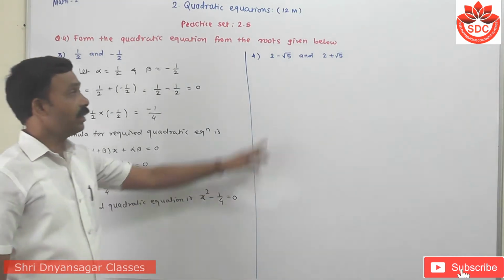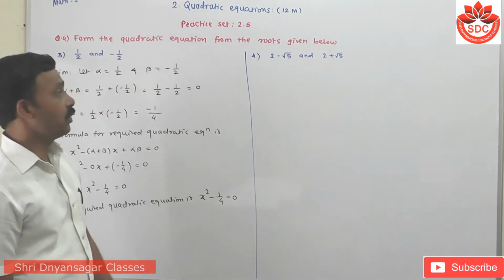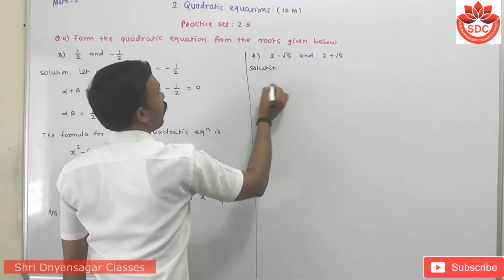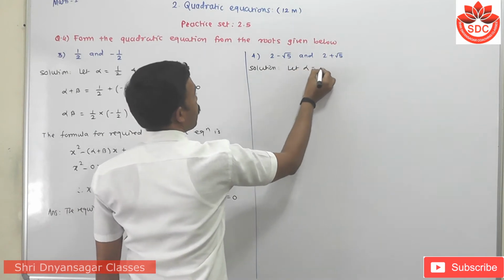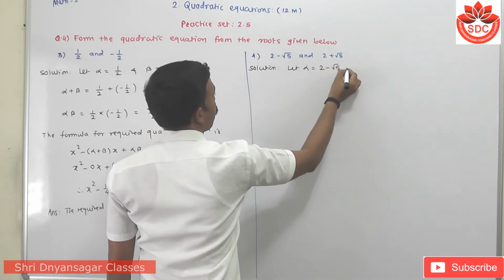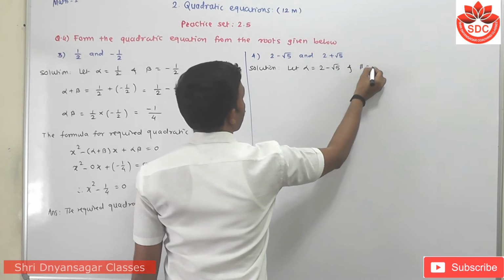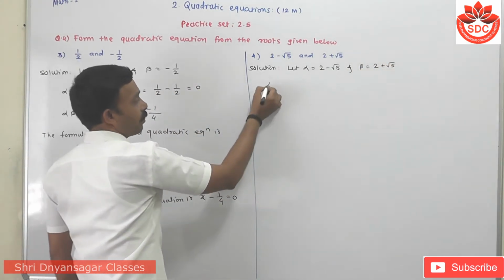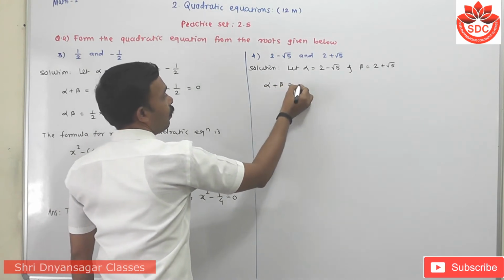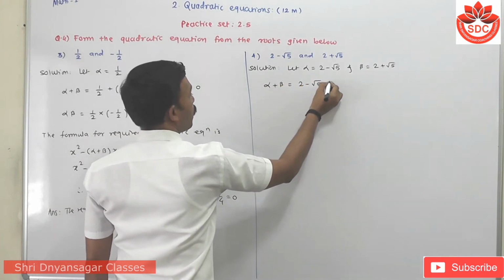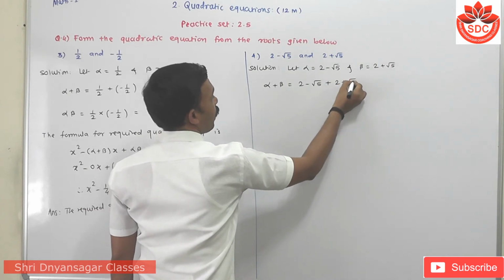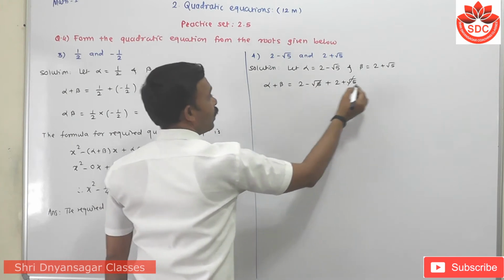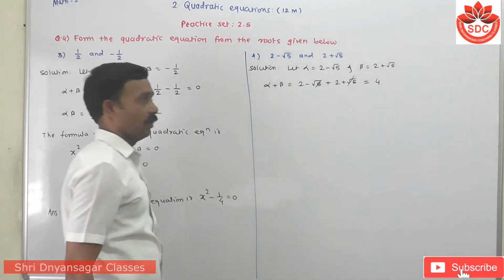Then we take question 4. Here two roots are given. Its solution is, let alpha equal 2 minus root 5 and beta equal 2 plus root 5. Then take its sum: 2 minus root 5 plus 2 plus root 5. Students, look here, minus root 5 and plus root 5 cancel, so the sum becomes 4.